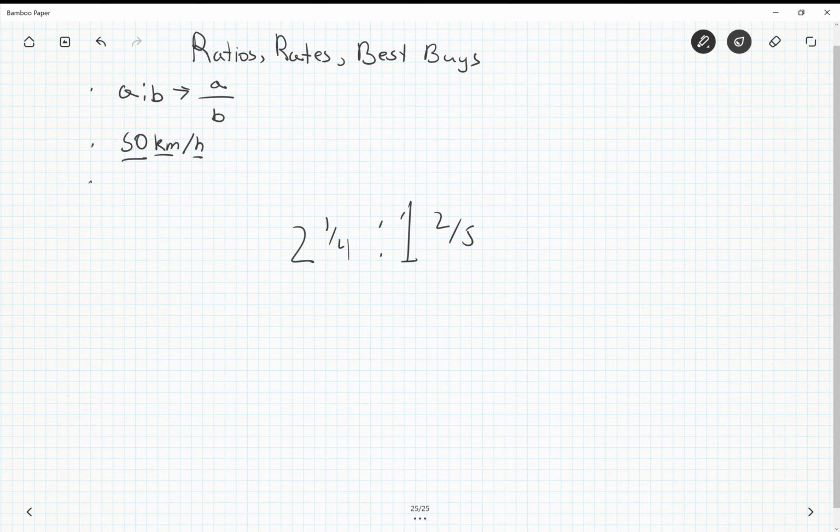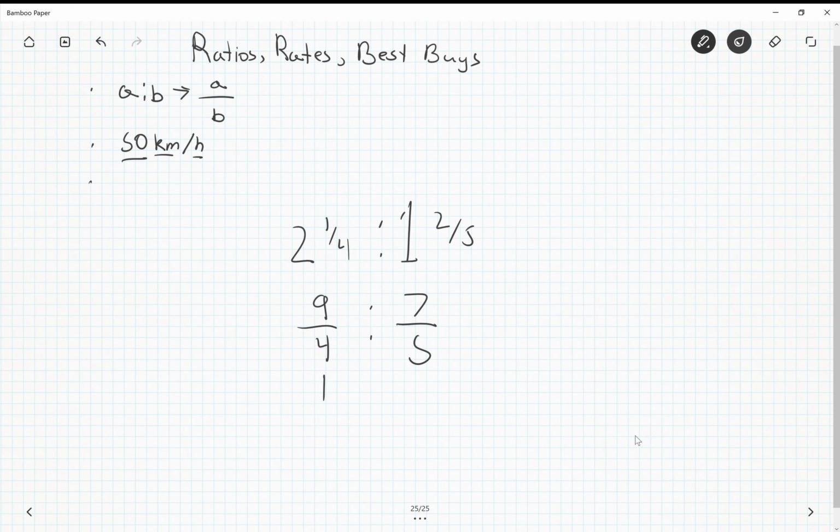Again, we can't think of this question too much. We simply need to put both of these into an improper fraction and then divide it, just like A divided by B, okay? So 2 and 1/4 would basically be 9 over 4, while 1 and 2 fifths would be 7 over 5, right?